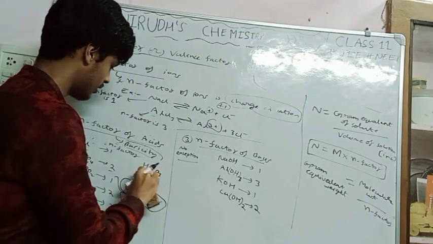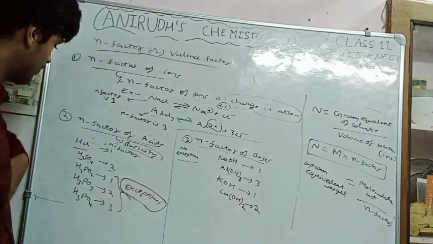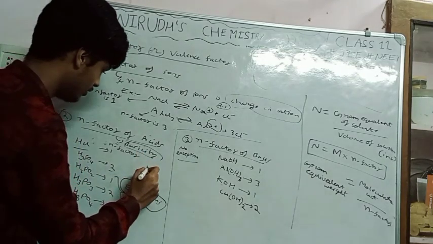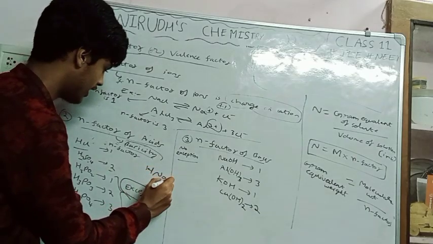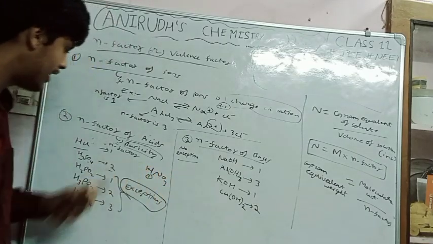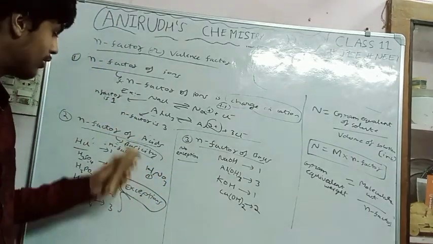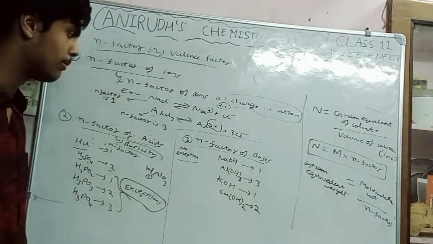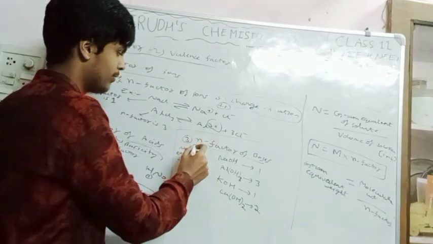Let us take another acid, HNO3, nitric acid. Here we have one hydrogen, so the n factor is 1. In all the cases, but if you have exceptions, you need to remember them. I will tell you the trick in the short.